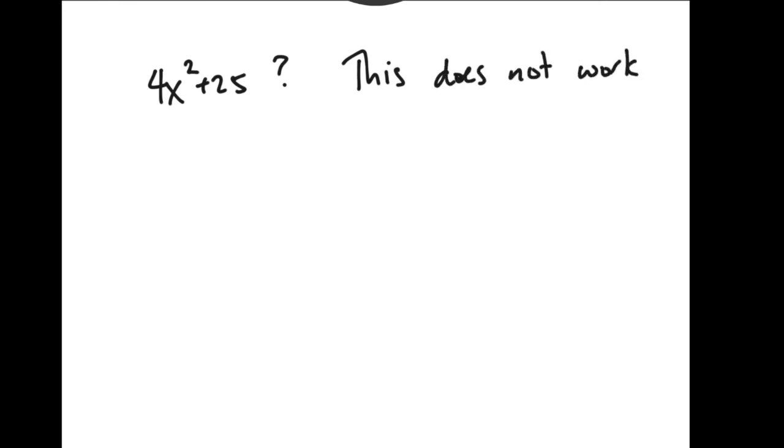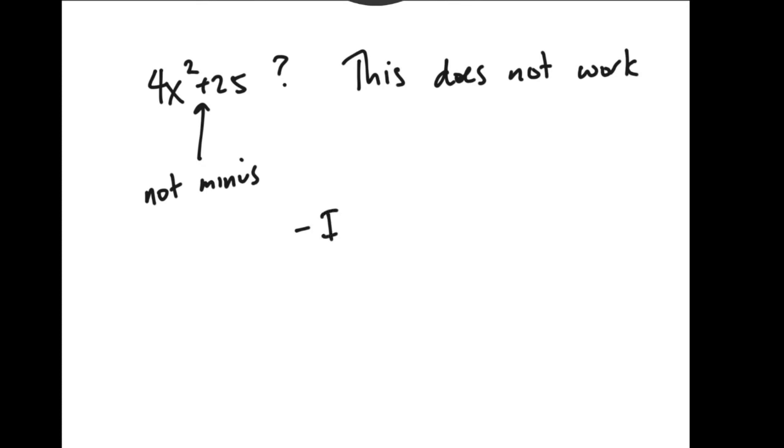What if I gave you 4x squared plus 25? This does not work. It doesn't follow the shortcut because in the middle is the plus sign. Anytime you have a plus sign in the middle with the middle term missing, you cannot factor.